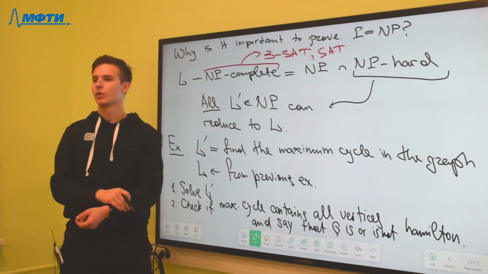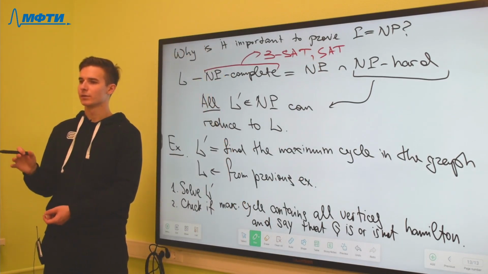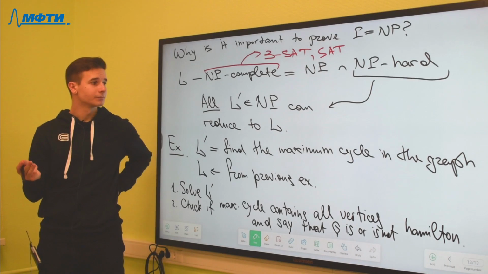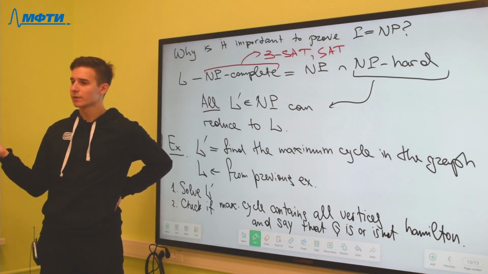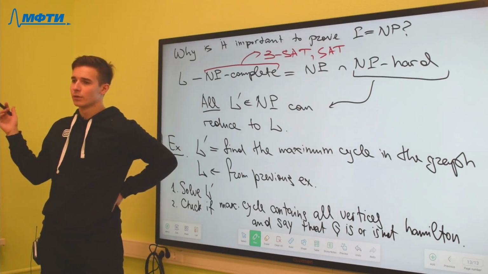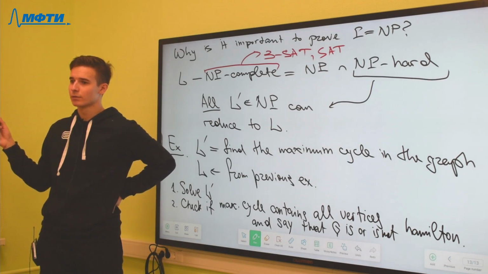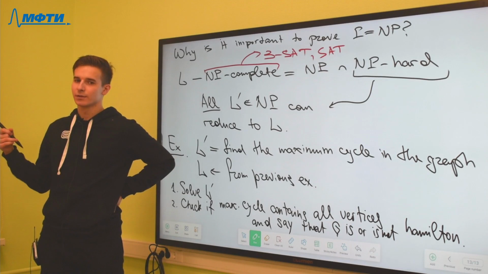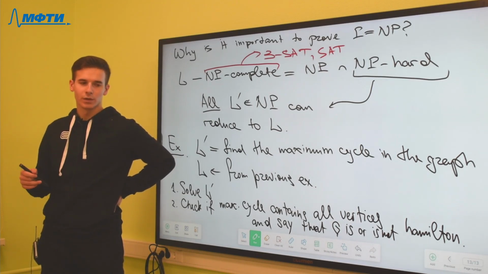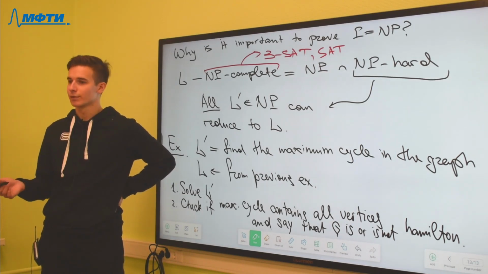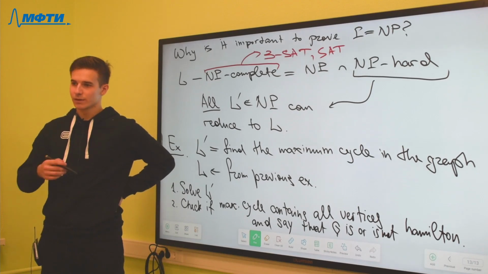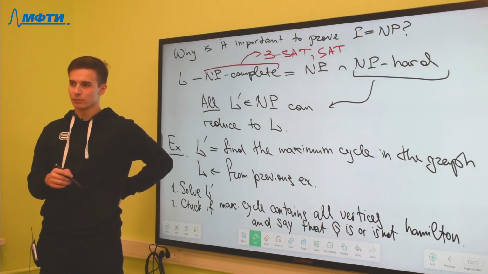You have a Boolean formula with three operations, and, or, and inverse, and you try to understand whether the formula can be true for some inputs or not. It is an NP-complete problem.